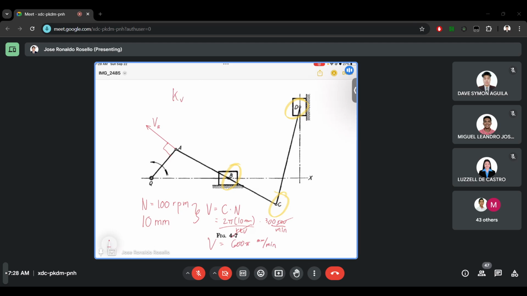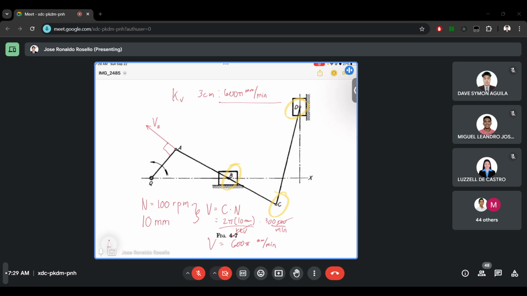So if we have a velocity scale of, for example, 3 centimeters per 600 pi mm per minute, we will have to draw 3 centimeters to represent this velocity. Then, once we have that, we will use this vector as a reference to get the other velocities.